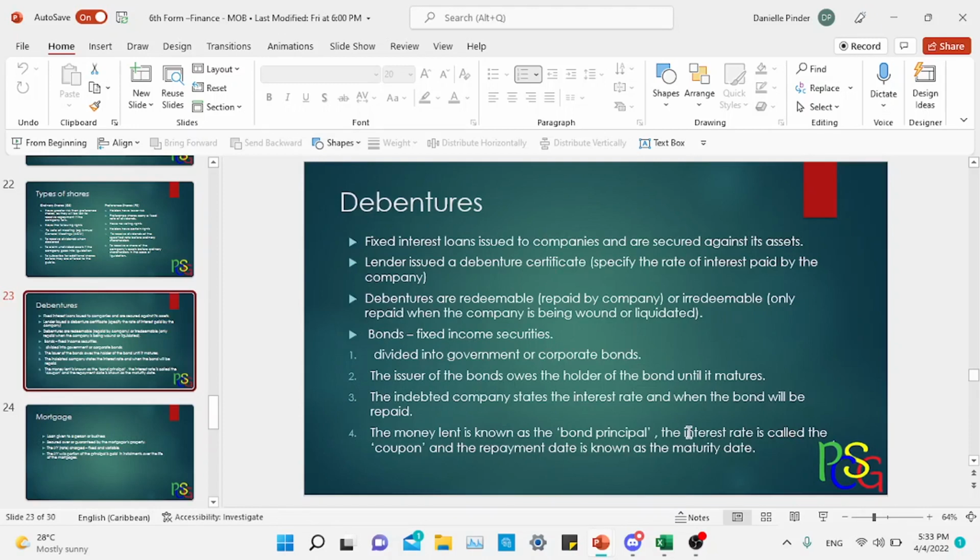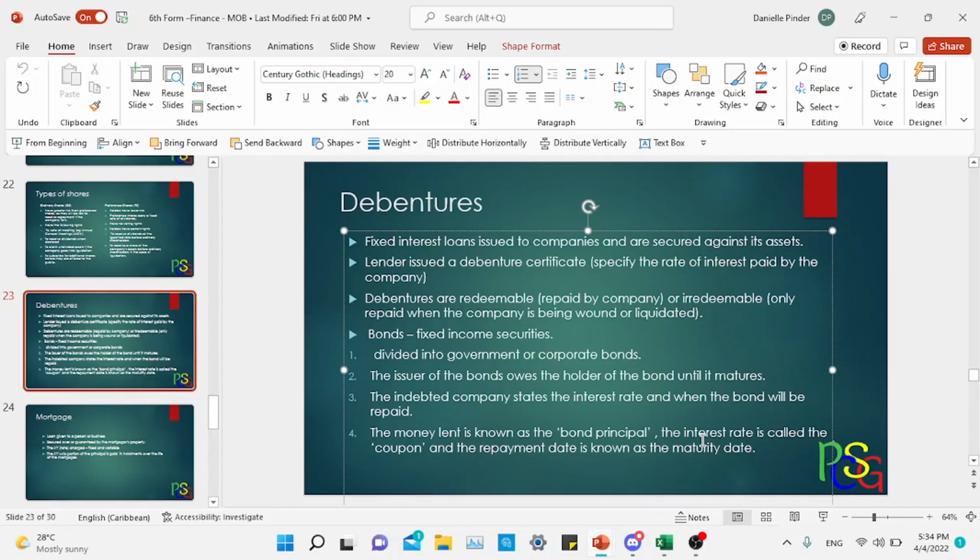bonds in a nutshell. So I would just go to the last part, where it says that the money that is lent to the government or the corporation is called the bond capital, right? And then the interest that you receive on that principal is called a coupon.